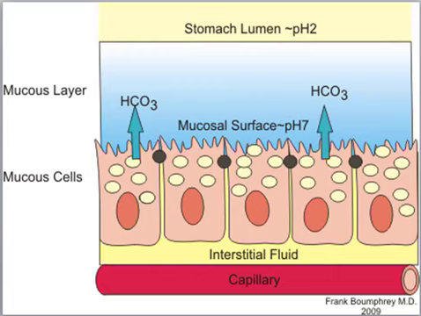This happens because of the mucus layer. The mucus layer prevents the high acidity from reaching the mucosa or the walls of the stomach. It neutralizes the acidity, and the acidity stays only within the lumen but does not touch the cells of the stomach.